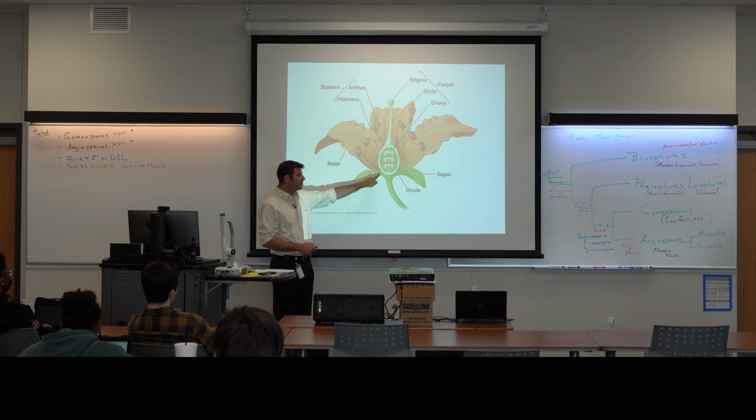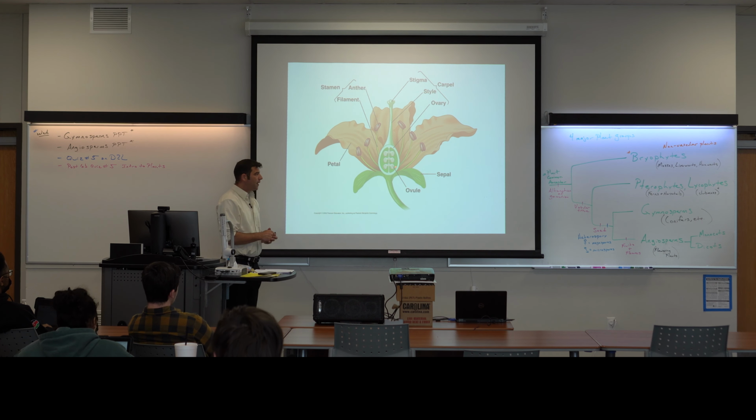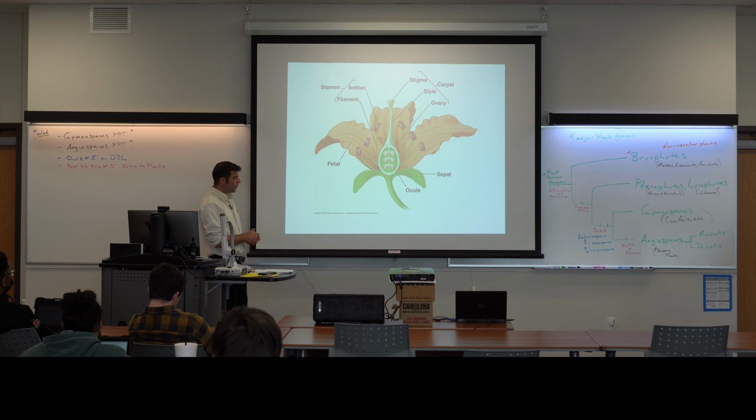Those haploid megaspores just hang out down there. They grow into the female gametophyte, and then they wait to be fertilized by a pollen grain. Pollen grains have to land on that stigma and then grow a really long pollen tube that goes all the way down into that ovary and finds one of those ovules to fertilize.